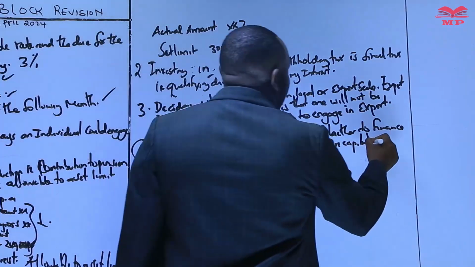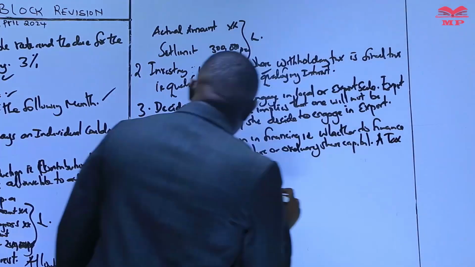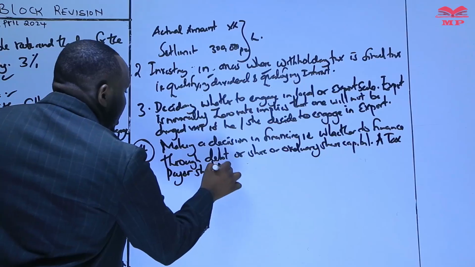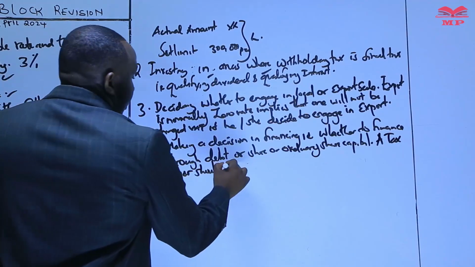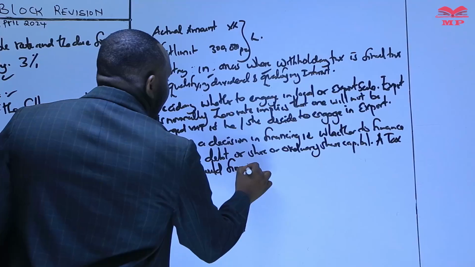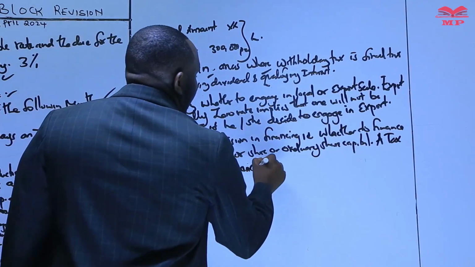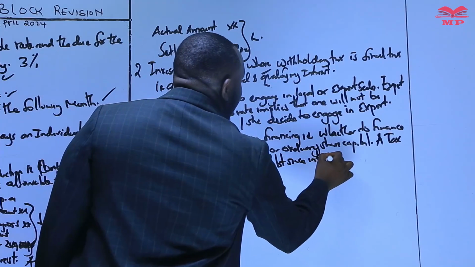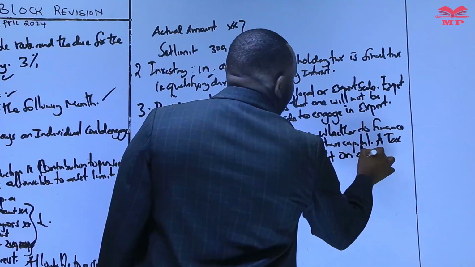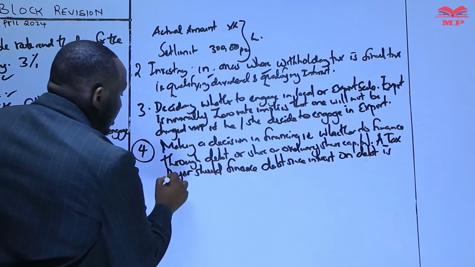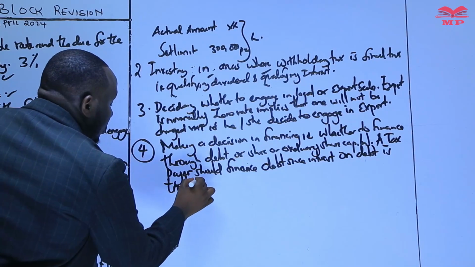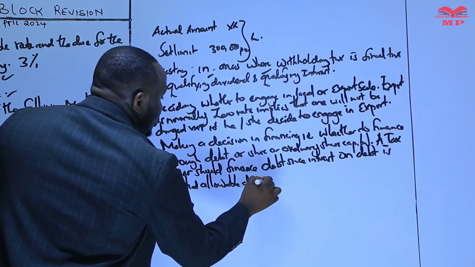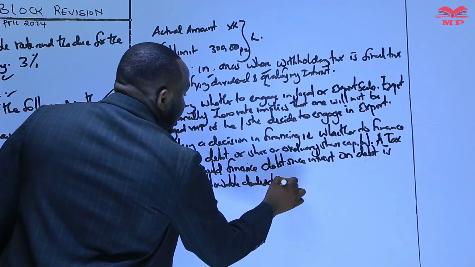A taxpayer should finance through debt, since interest on debt is treated as an allowable deduction.